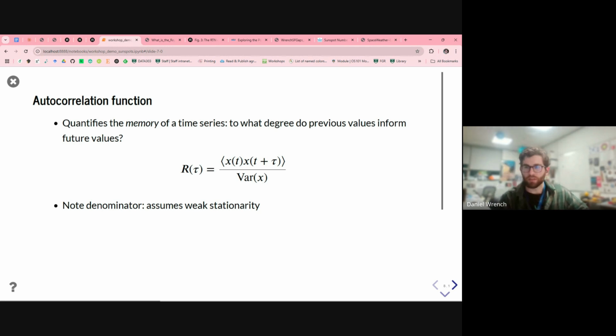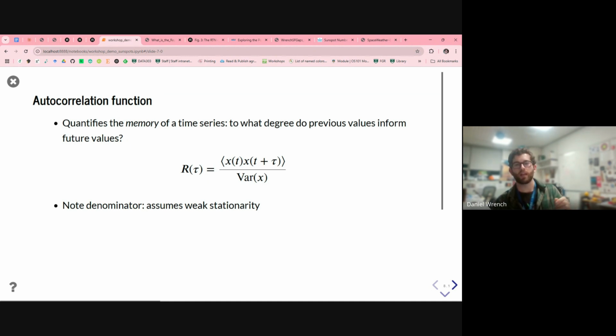And then typically you see it drop off to varying degrees as your lag gets bigger and your measurements get further and further apart. And one way people like to intuit or describe autocorrelation is as measuring the memory of the time series.